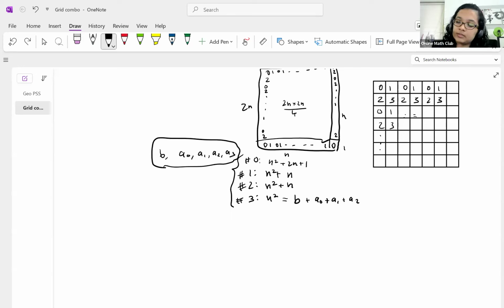And similarly, we can write the exact same type of equations for all the others. So this is going to be B plus A1 plus A2 plus A3, because none of these leave out 0. And similarly for these two.